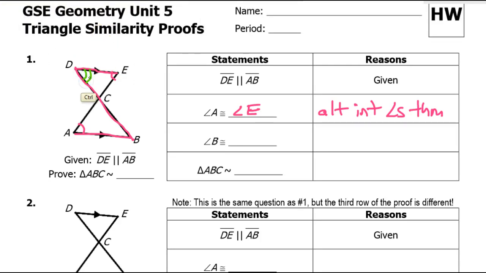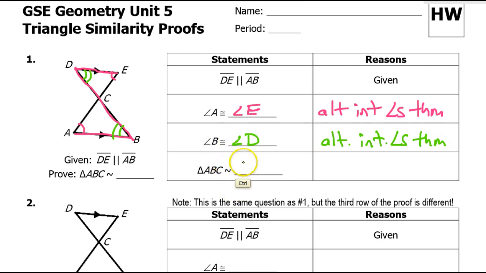So this corner of the backwards Z is going to be congruent to this corner of the backwards Z. So angle B is congruent to angle D. And it's going to be the same reason. Alternate interior angles theorem.